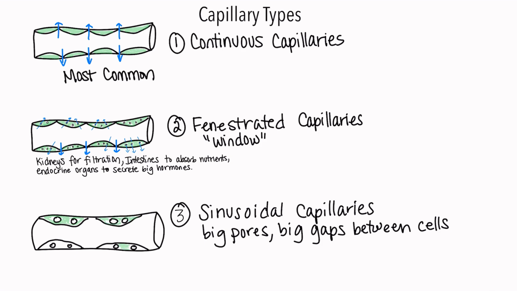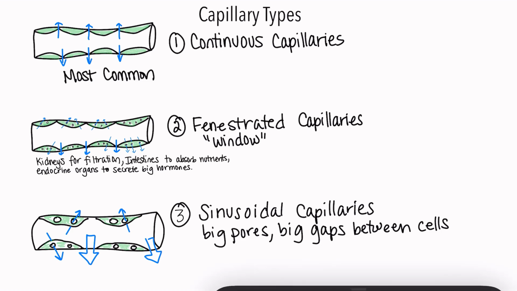See how the endothelial cells have real big holes and big gaps. So essentially then we can have movement of all kinds of things. Like that. So we're going to have lots of stuff coming and going.